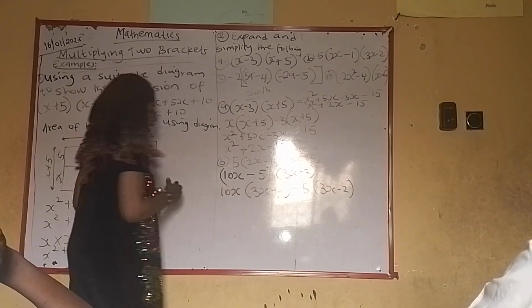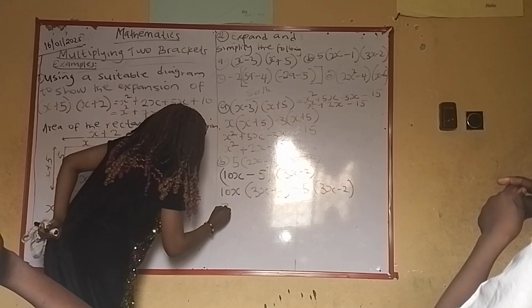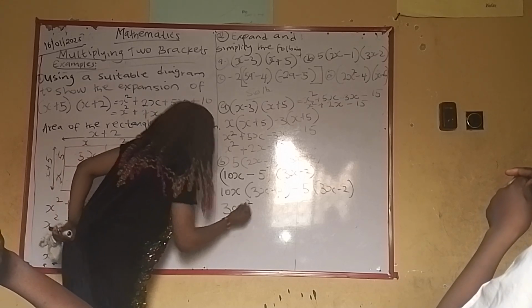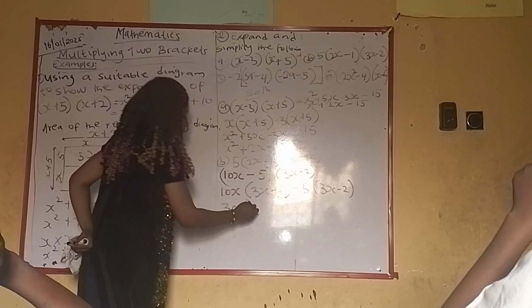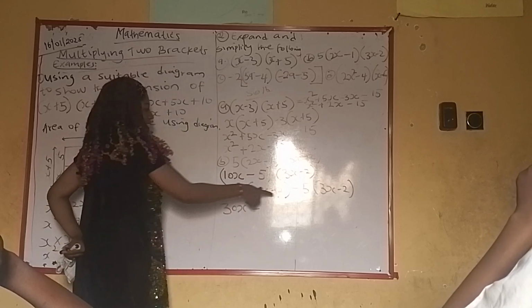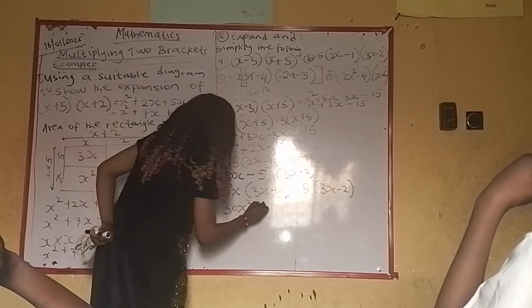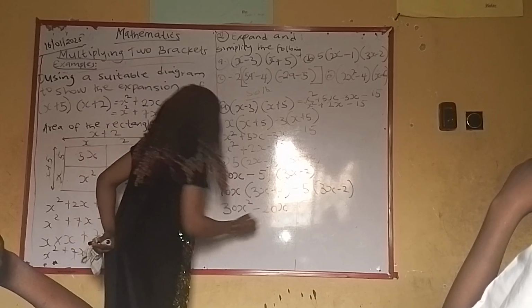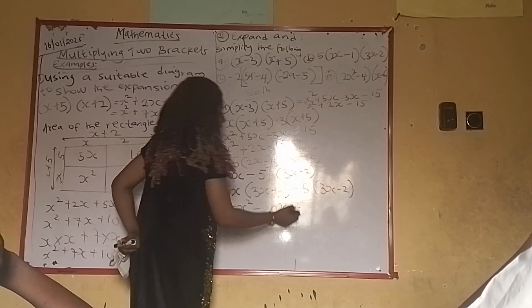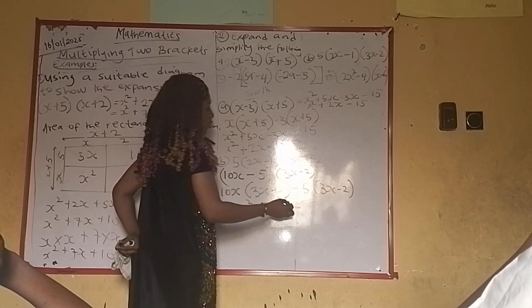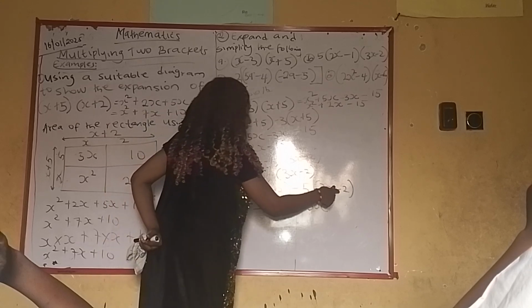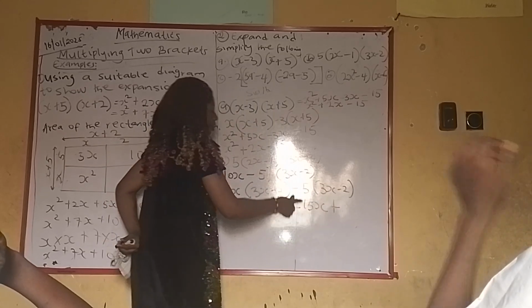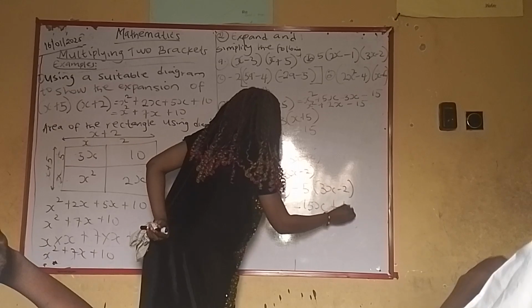10x times 3 is what? 30x squared. Okay? Minus, right? Because there's a plus and minus. 10x times 2 is what? 20x. Then minus 5 times 3x is what? 15x. Minus times minus is what? Plus. 5 times 2, 10.